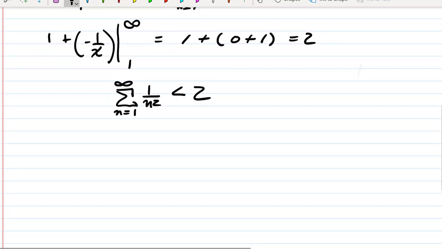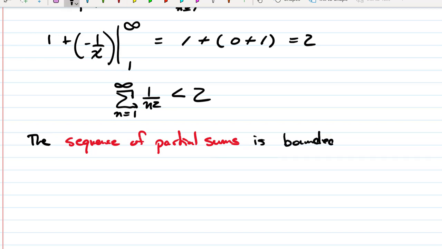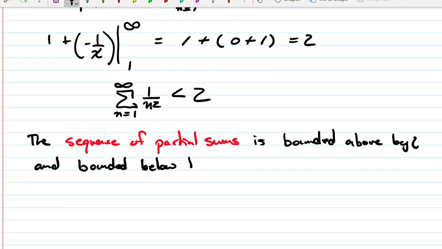So then that tells us the sequence of partial sums is bounded above by 2 and bounded below by 0.